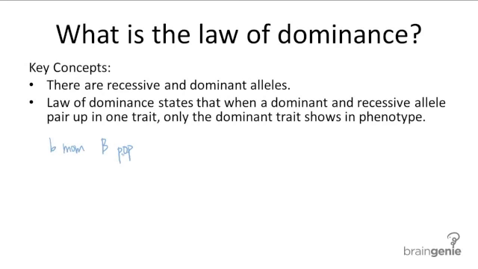So Amy's genotype is brown-blue, or big B, little b, and because we know brown is the dominant trait, and the law of dominance states that only the dominant trait will show in the phenotype, Amy will have brown eyes. It's just that simple. Law of dominance.